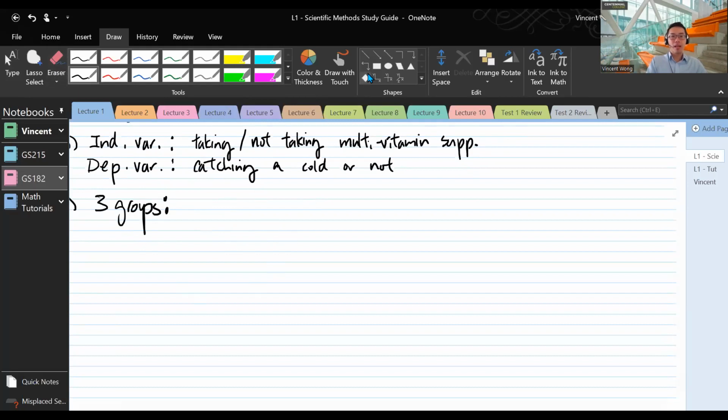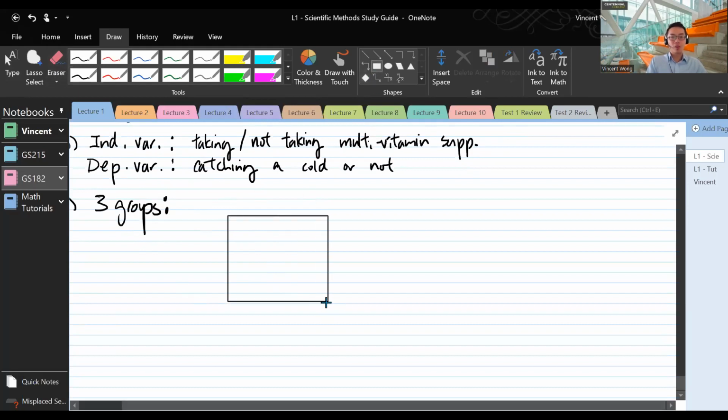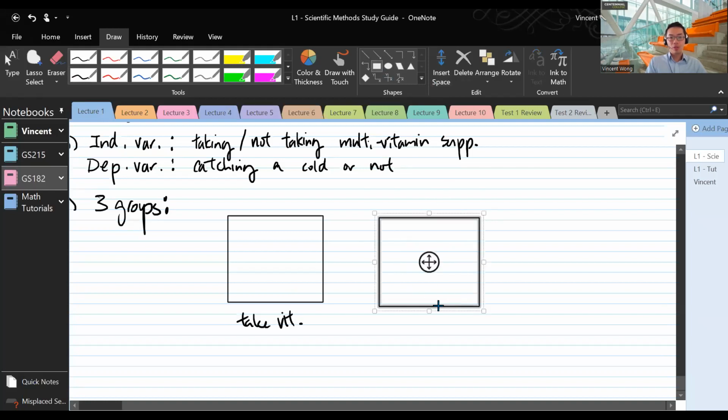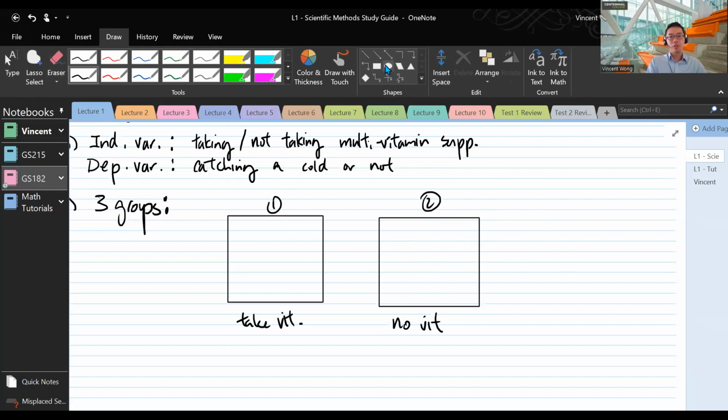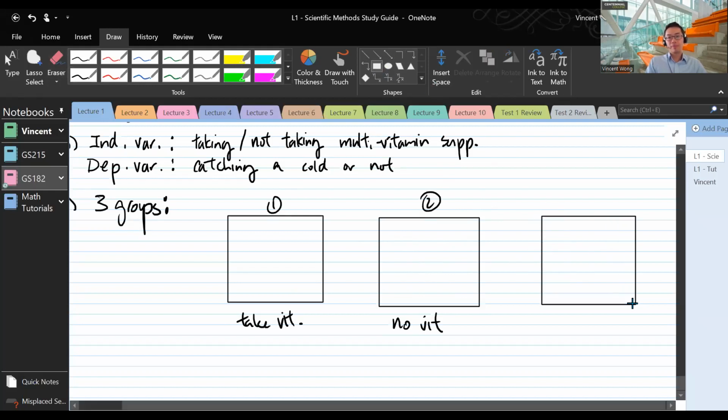So right now we have 2 groups, right? Group 1, taking vitamin, and group number 2, who is no vitamin. Okay, group 1, group 2, and what's the last group? What should we do with them? Fake pill, fake multivitamin. Placebo. That's right, placebo, fake vitamin. You tell them, hey, this is vitamin, but actually it's just candy, right?